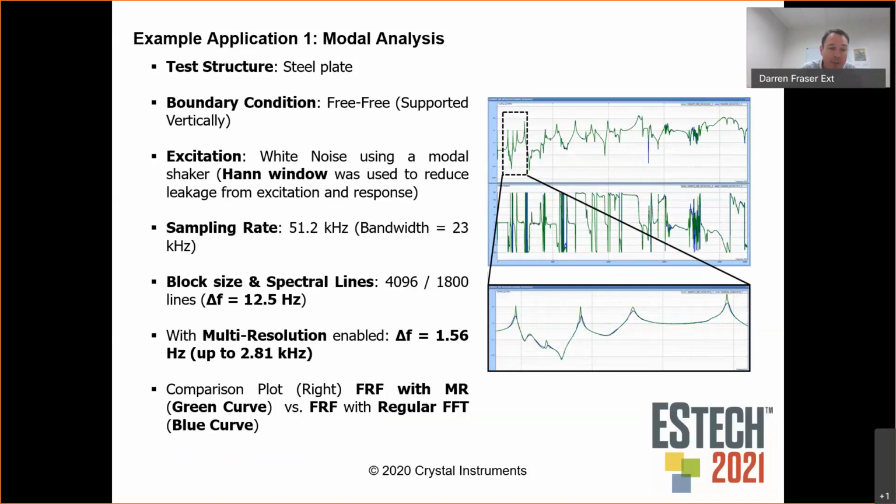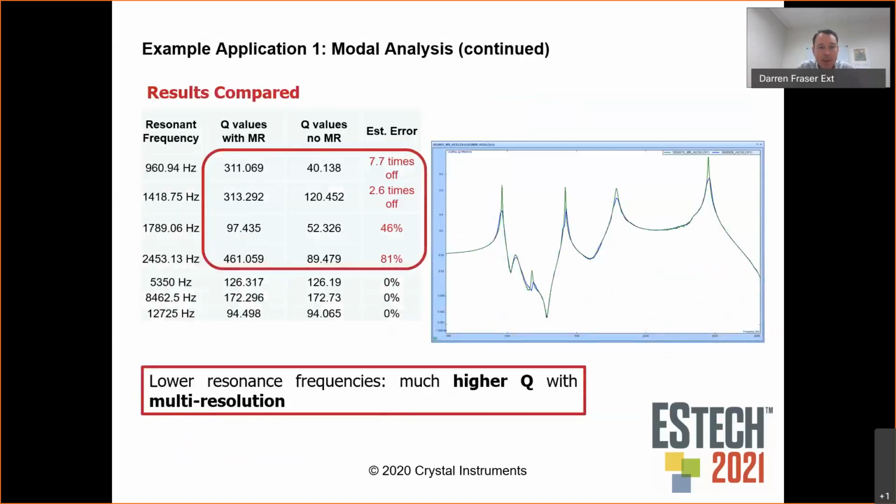Just to point out, the multi-resolution spectrum is the green curve and the blue curve is the regular FFT. And we're going to blow that section of the FRF up in just a moment. So here off to the right-hand side, you can see that section from about 500 hertz to 2,800 hertz, where our decimation filter cutoff was.